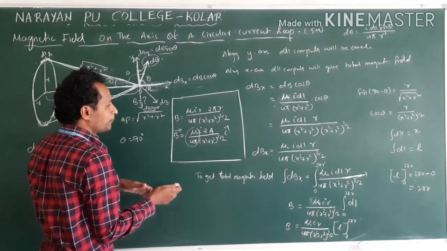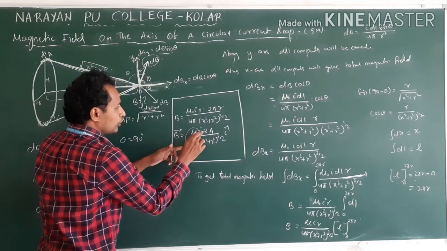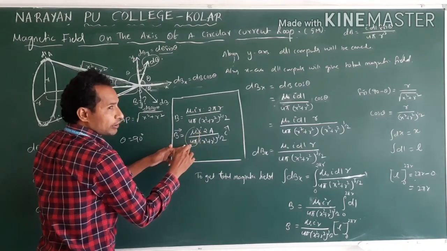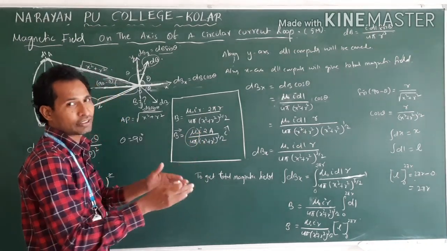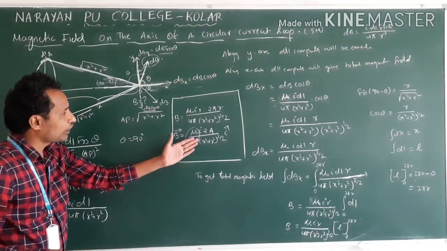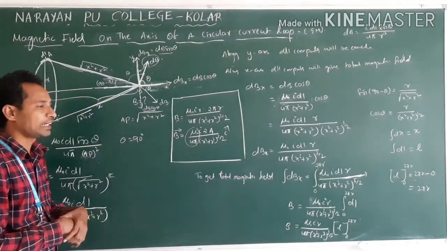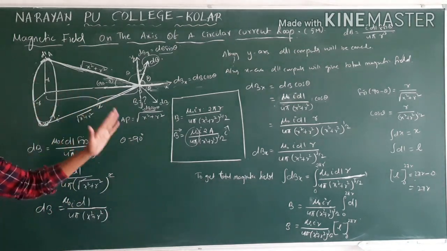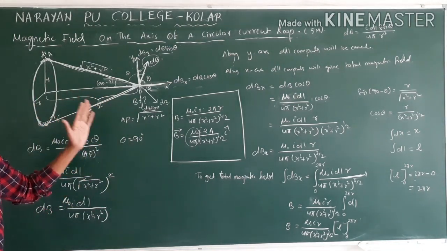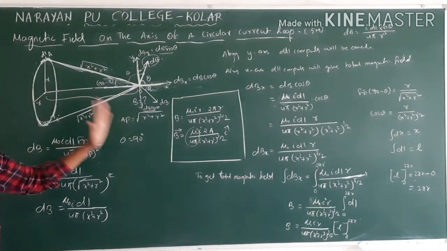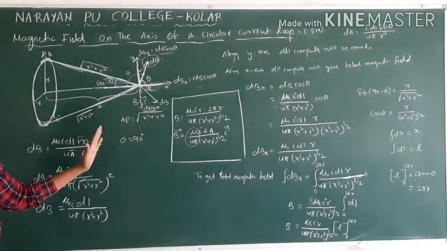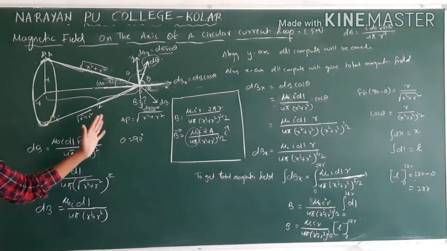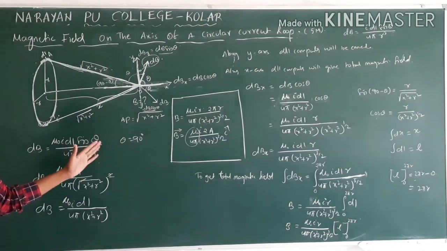For cancellation, don't cancel the 2 and 4 pi. So in solving numericals, we follow this for easy calculation. Clear? Understand? This we expect for 5 marks. Practice and you will get it easily. It completely depends on Biot-Savart law. If you follow that, if you understand, then the derivation is very, very simple.